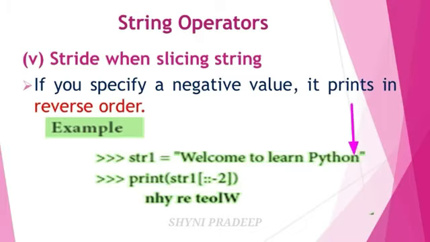First you have to take n, and next h, and next y, and next this blank space, and next this r, and next this a, and next this blank space, and next this t, and next this e, and next this o, and next this l, and next this w. So you have to take it like this. This is the output for this code.